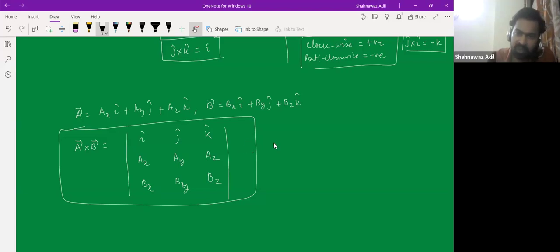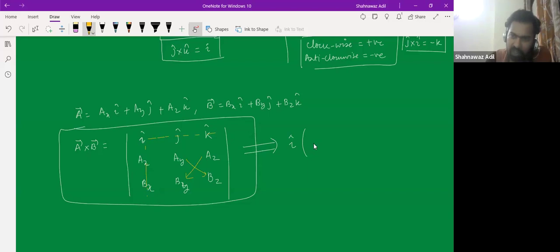If I want to find the I component, I take I hat, ignore its row and its column, and multiply the remaining terms diagonally. Is it clear? Yes, sir.